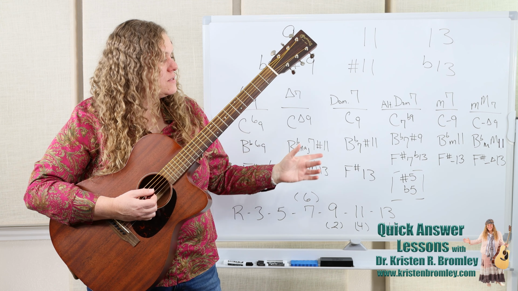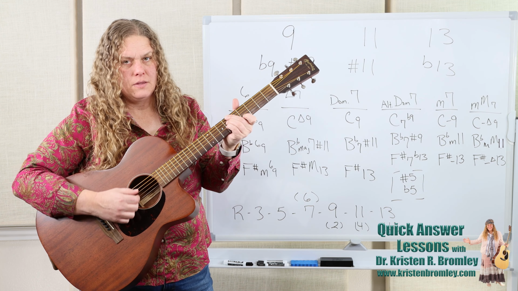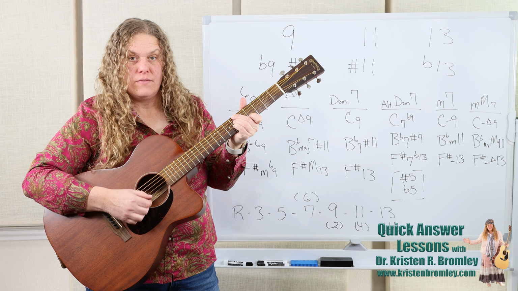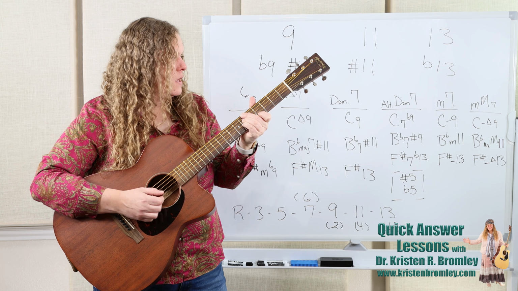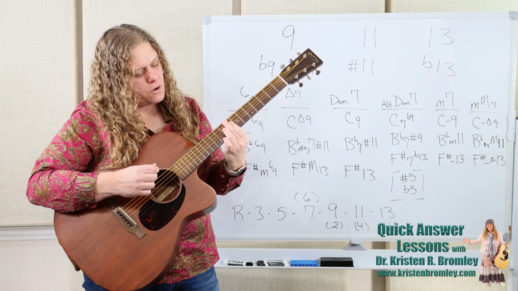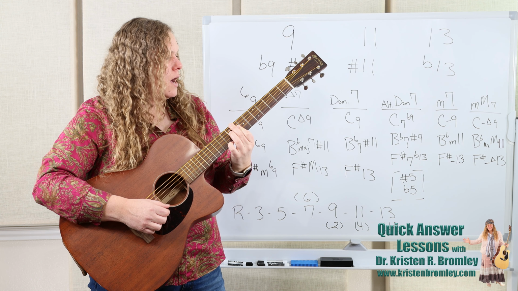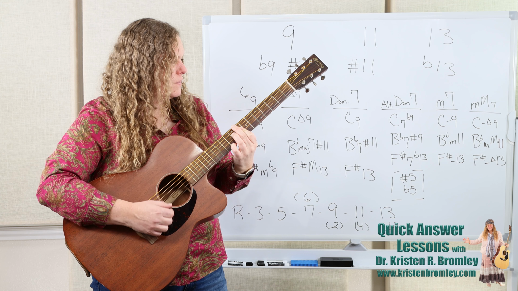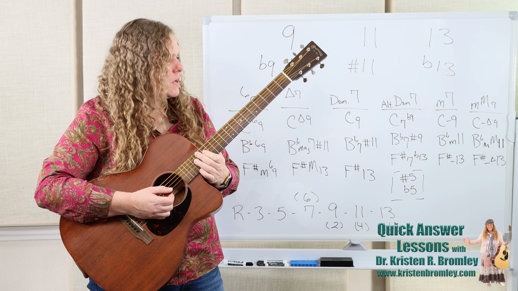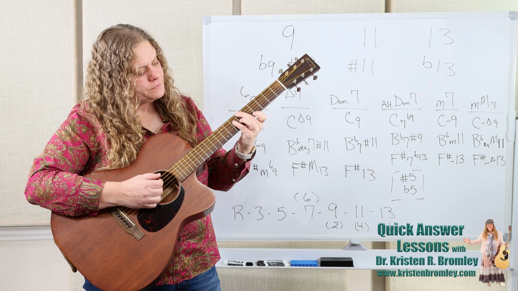Now with this, you might note that in the minor chord, that 11th, we like the natural 11 instead of a sharp 11. This also works with the minor major 7ths, so I could have the minor major 7th chord with the 9th. I could have the minor major 7th chord with the 11th.